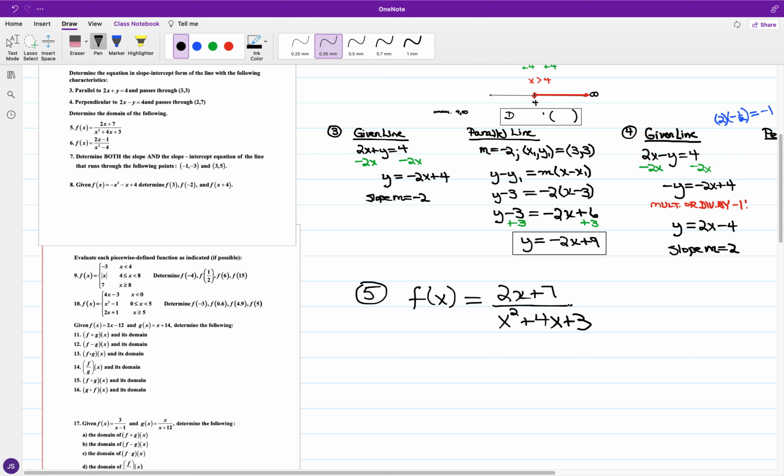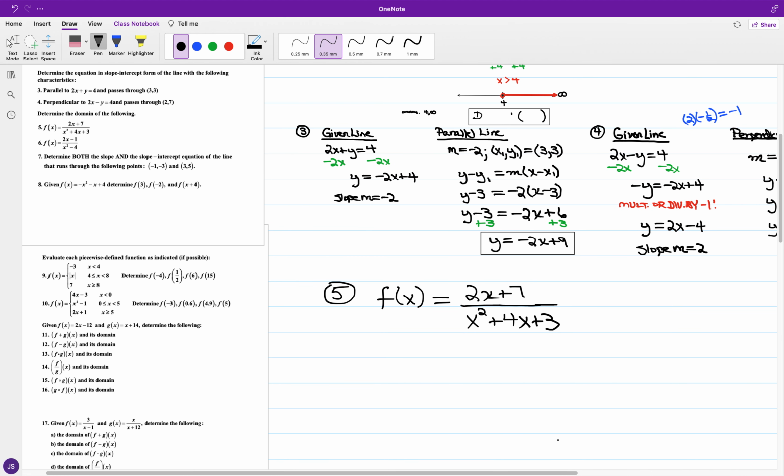Now we do not have any even root radical, just a fraction. And for the restriction for this rational function, the denominator, x squared plus 4x plus 3, cannot be equal to 0. So looking at this restriction, we're determining the values of x that will be left out of the domain.